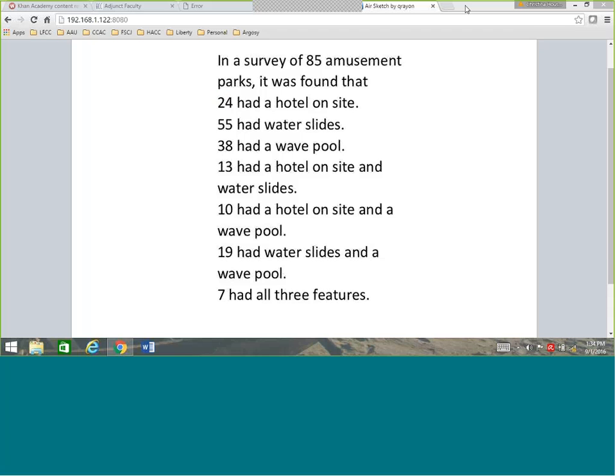We're going to have to do some subtracting like we did in the last problem. And notice in the last problem, we started at the end of the problem where we had the overlap of the circles. We're going to do the same thing here and start at the bottom, because this tells me that where all 3 circles overlap, there are 7 amusement parks.